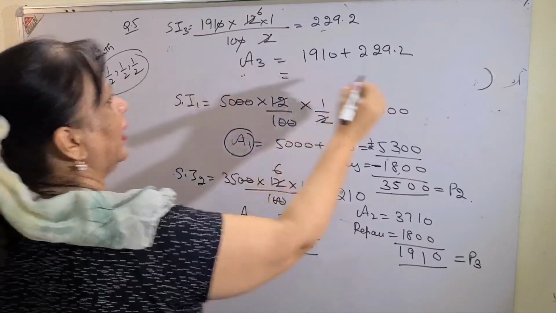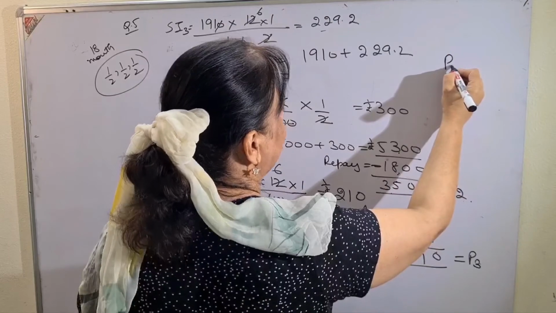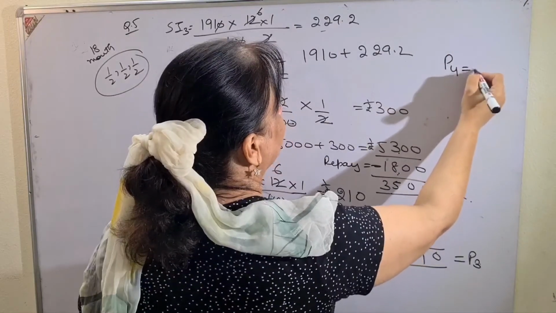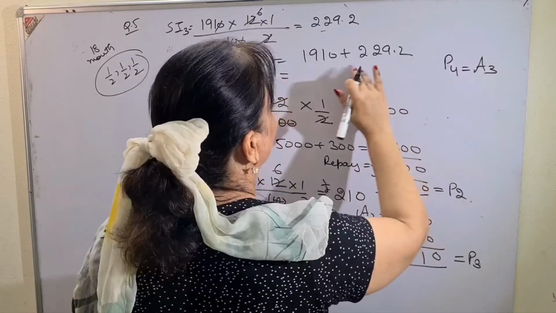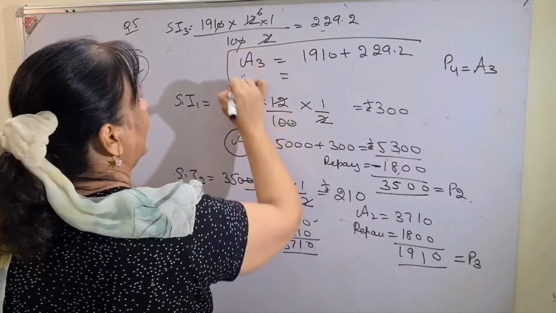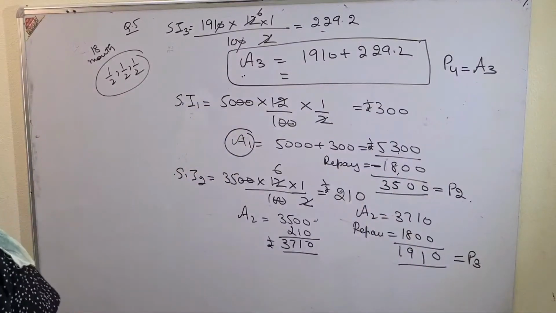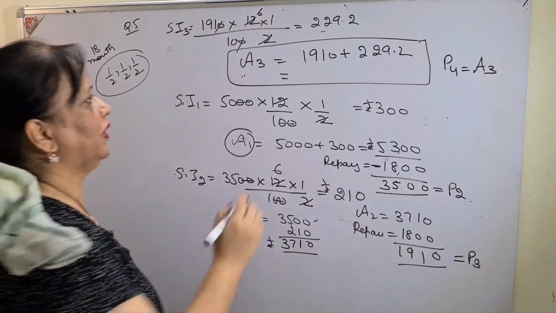From here you will again minus 1800. So the last payment, that is P4, or you can say amount 3, is the amount which is standing at the end of the third installment. After subtracting, you will get it.